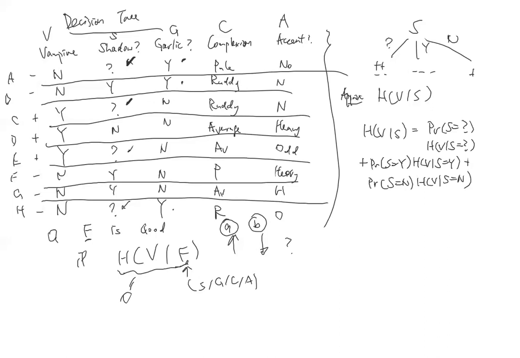So based on this data alone, what do you expect H(V given S) when it is question mark to be? What do you think this one should be? Just look at this data. This is the data I have here.